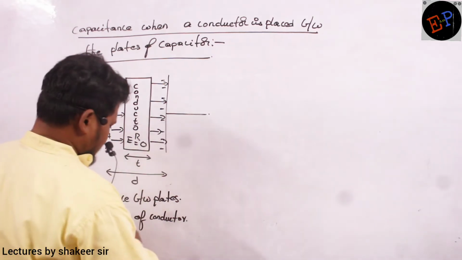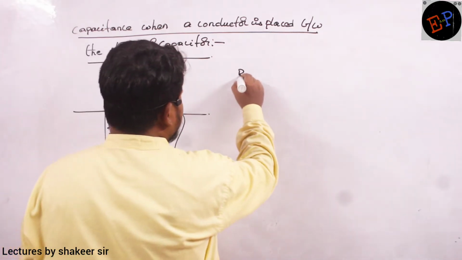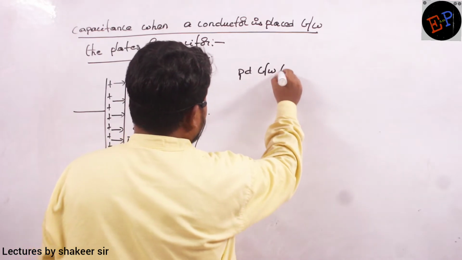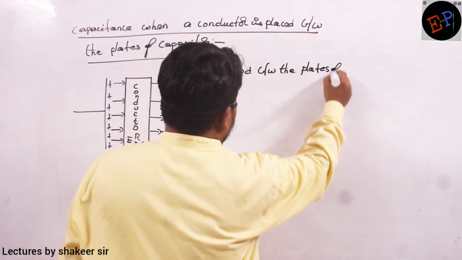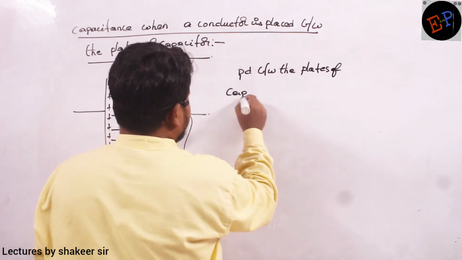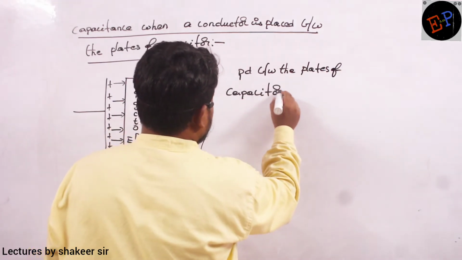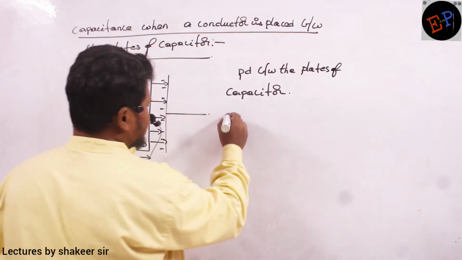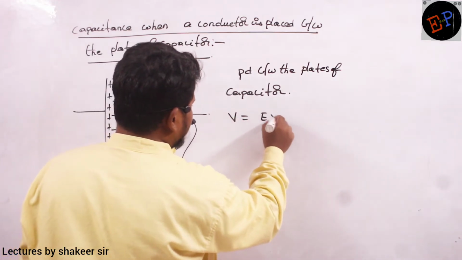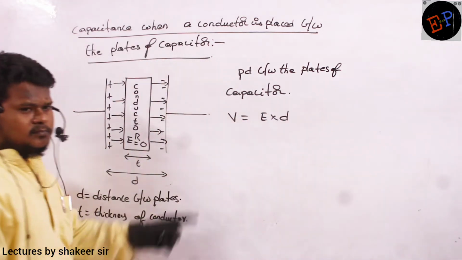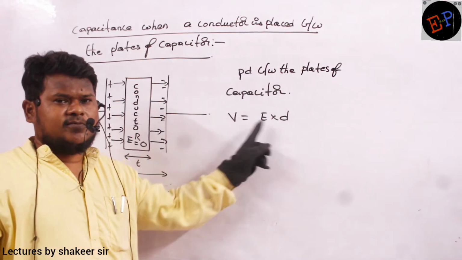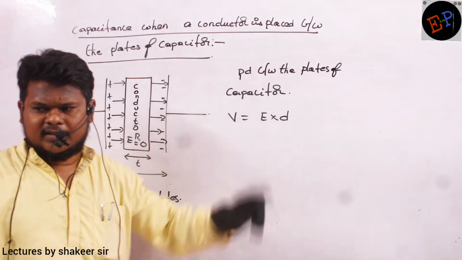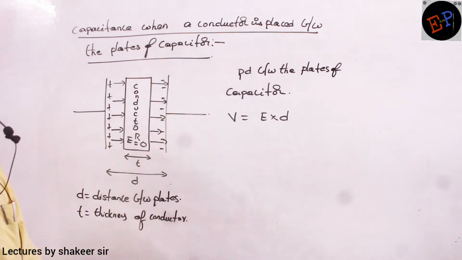Now, how can I calculate potential difference between the plates of the capacitor? Okay? See, ma. Potential difference V is nothing but E into D, no, ma? This is the formula, no? E is equal to V by D. So therefore V is equal to E into D. This is one formula of potential difference.